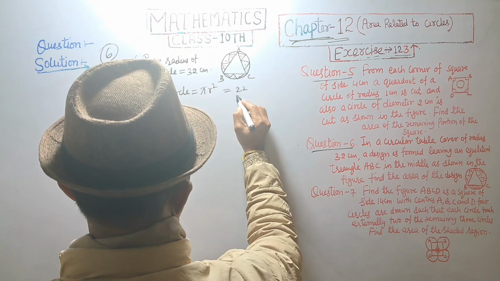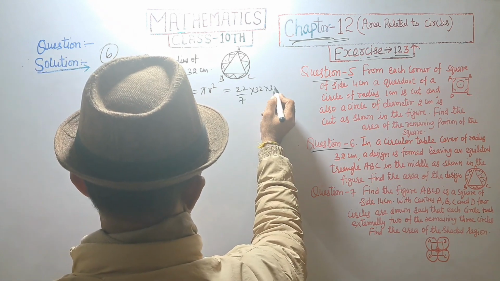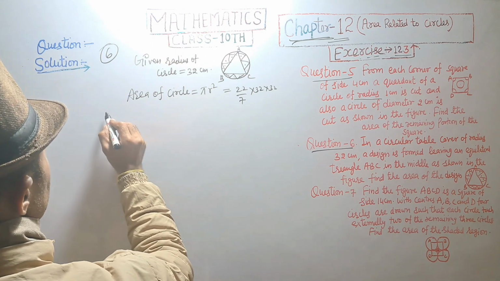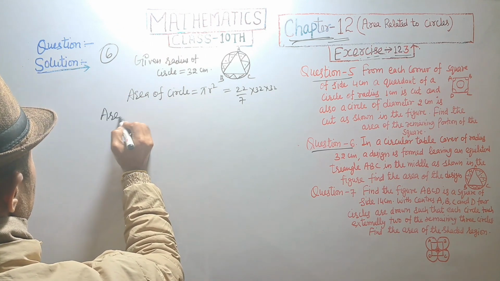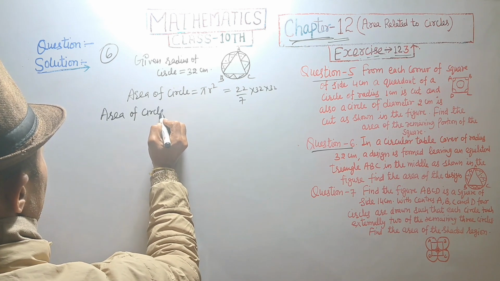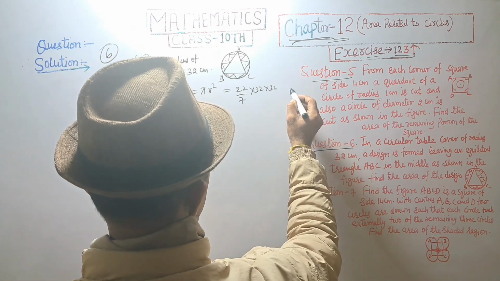That is equal to 22 upon 7 into 32 into 32.